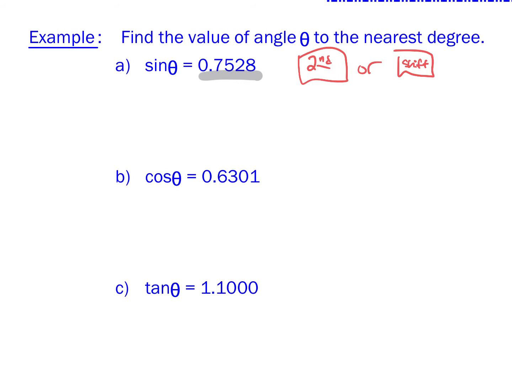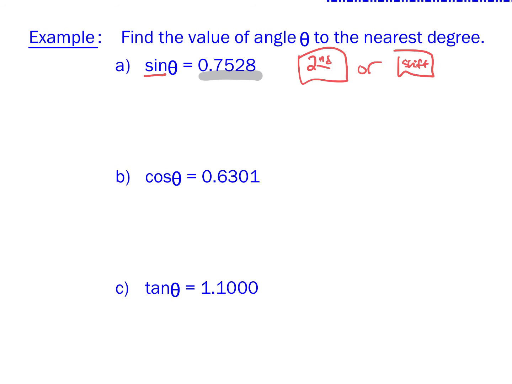So we have to press that second function button or the shift button before we press the sine button. Okay? Now, if you have a calculator where you type in sine first, then you'll start with that second button or the shift button, press and enter sine, and then type in 0.7528.